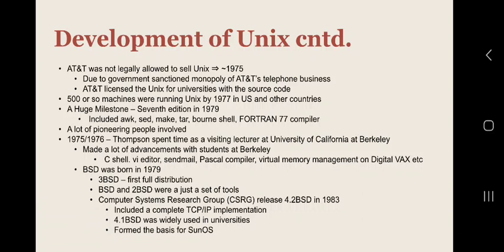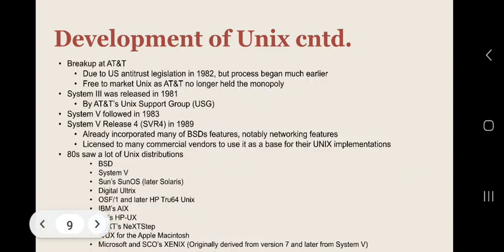And 4.1 BSD was widely used in universities as well, and this BSD flavor formed the basis for various other operating systems like SunOS. Sun Microsystems, which later also invented Java, had an operating system based on BSD, which was called SunOS.